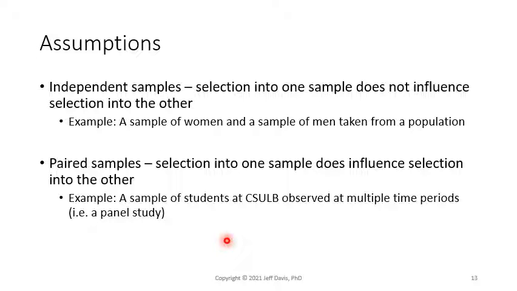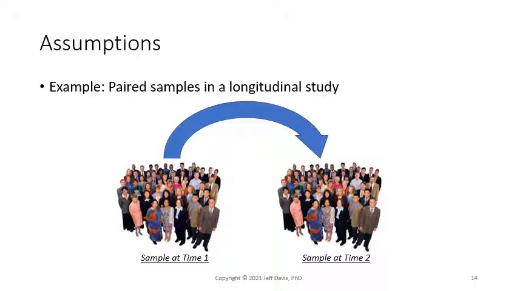Selection into one influences selection into another. And here's a simple graphic of the paired samples case. These are the same groups, except we have the group at time one, and we take some measure, maybe how happy they are, or whatever. And then we come back to them at a later date and say, how happy are you now?